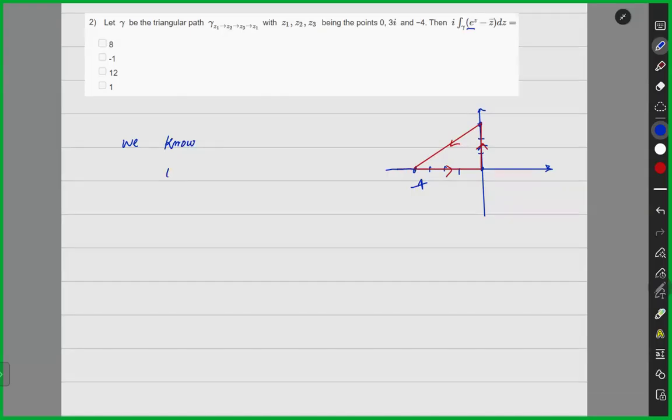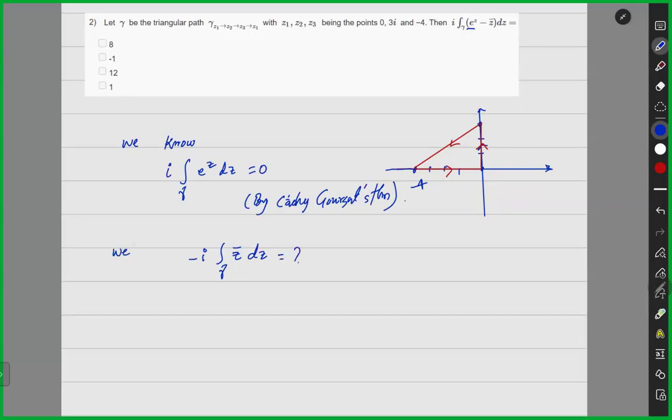The integral of i times e power z over gamma dz is 0, by the Cauchy-Goursat theorem. So we only need to calculate the integral of minus i times z bar dz over gamma. So this is what we need to calculate. We want this integral.